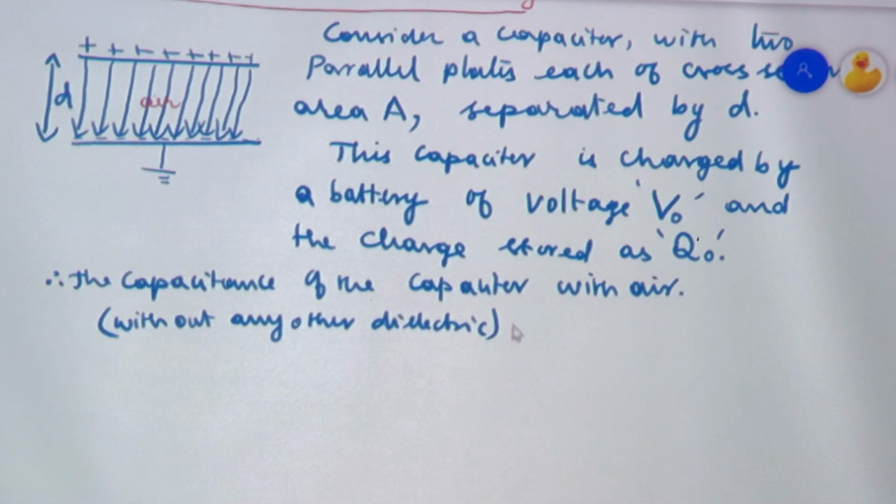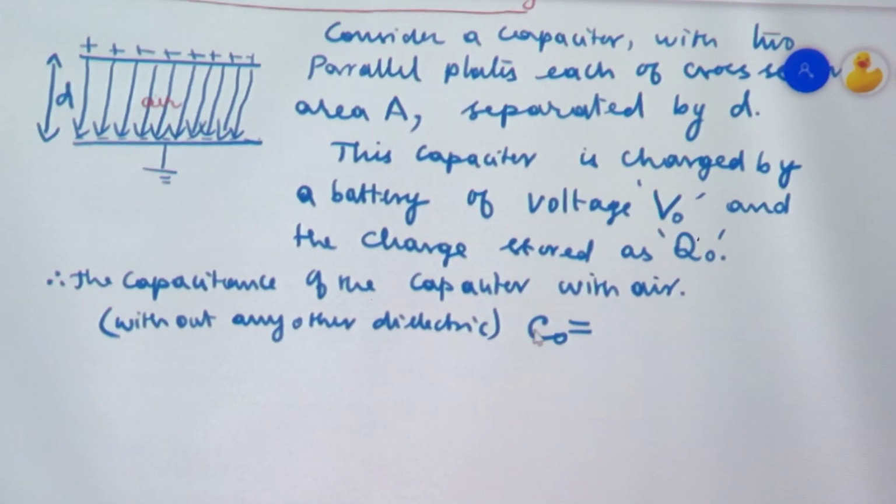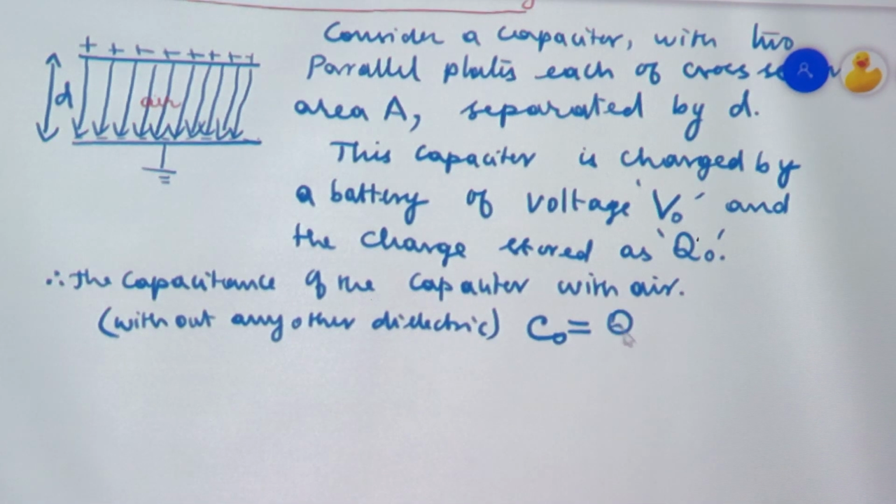If air alone is in between the two plates, let us consider the capacitance as C0. In your book it is given as C0. In general, we know that C is equal to Q by V, so C0 is equal to Q0 divided by V0. Let us take this as equation number 1.